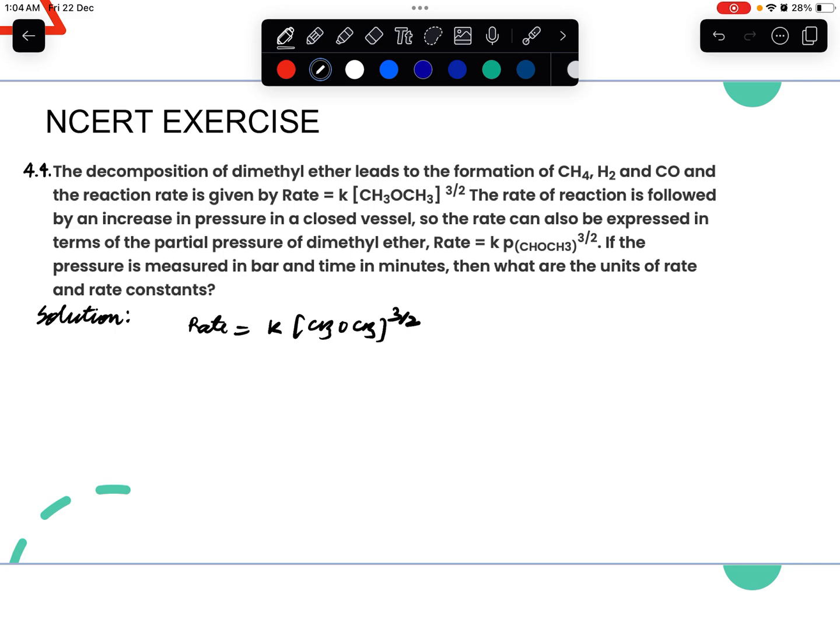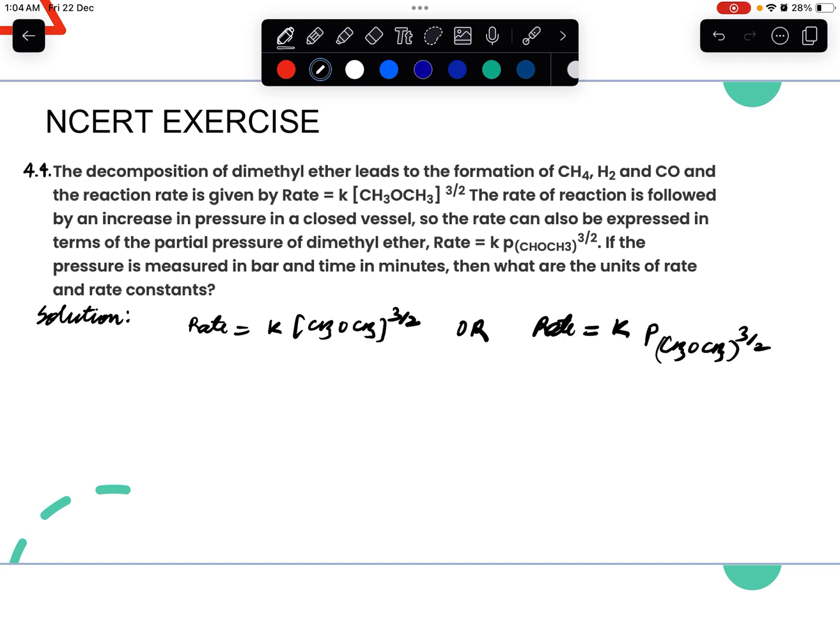The same expression can be written as rate equals k times the partial pressure of CH3OCH3, that is dimethyl ether, raised to the power 3/2. Why are we doing this?